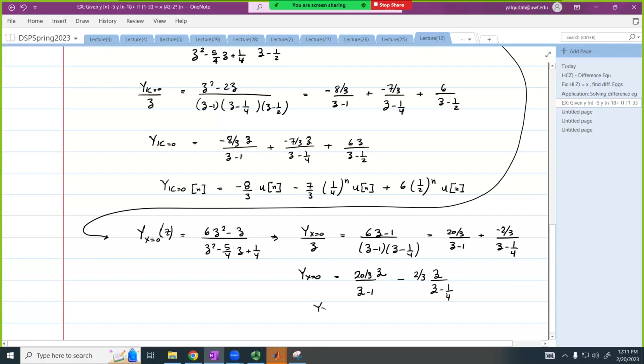And y when x is equal to 0 is going to equal 20 over 3 multiplied by u of n minus 2 over 3 multiplied by 1/4 to the n, u of n.